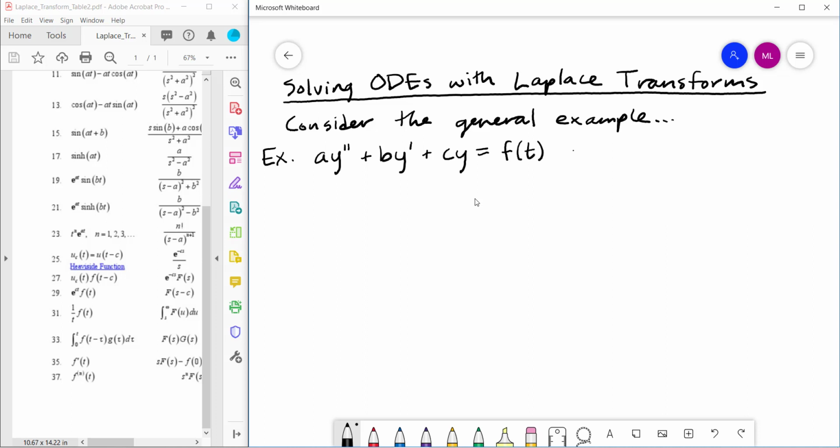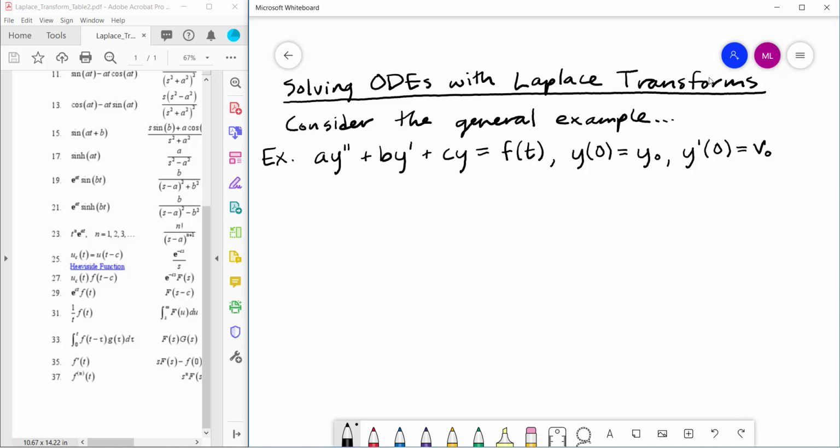And let's give the initial conditions that y of 0 is equal to some value y naught, and y prime of 0 is equal to some other value, let's call it v naught, because you can think of it as often an initial velocity if this turns out to be a differential equation representing a mass spring system, for example. So this is the equation that we're dealing with.